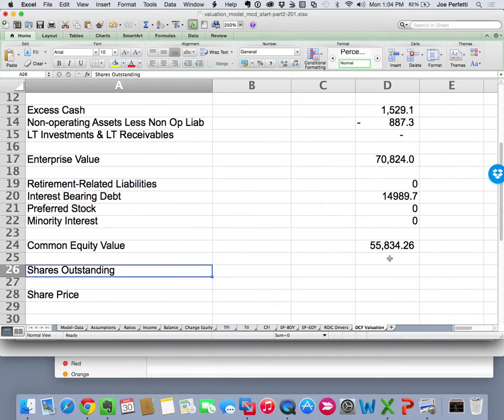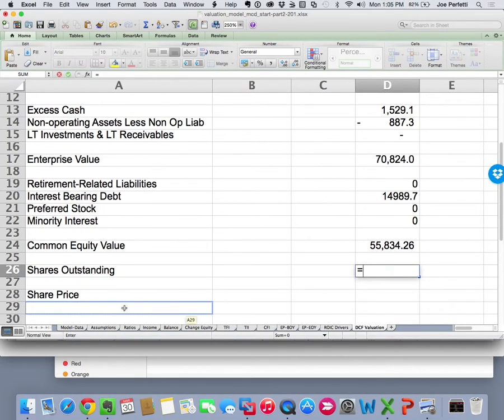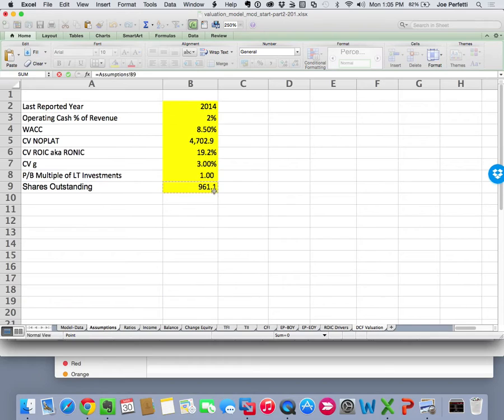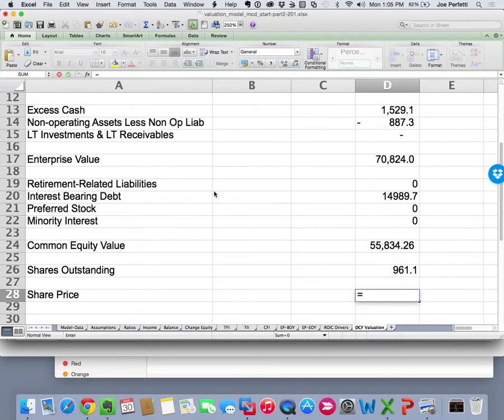So back to my DCF valuation equals, from assumptions, 961.1. Share price equals common equity value divided by shares outstanding. That works out to 58.09 a share. Questions about what we just did?